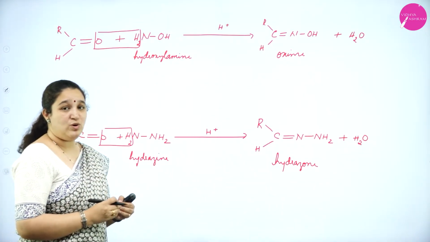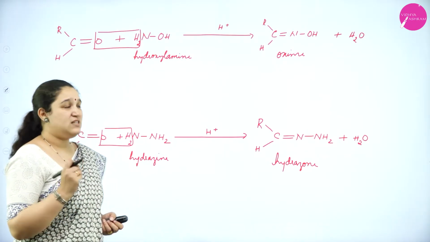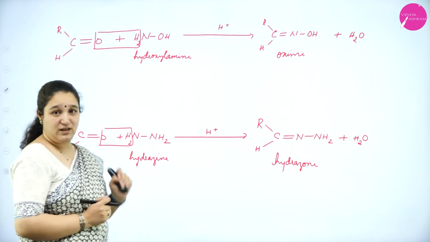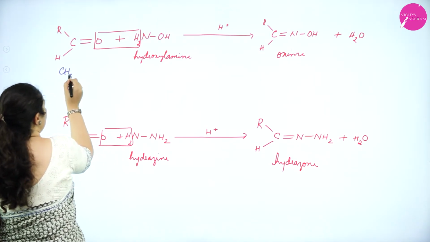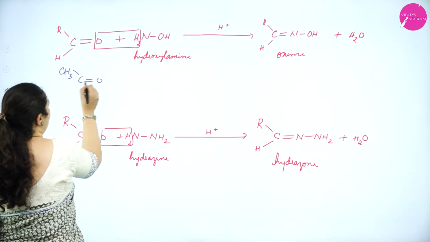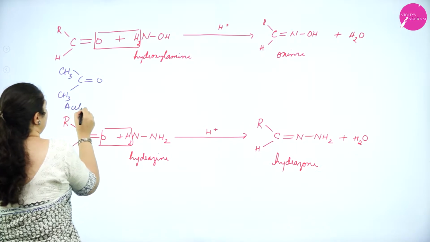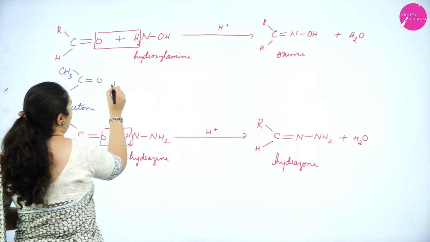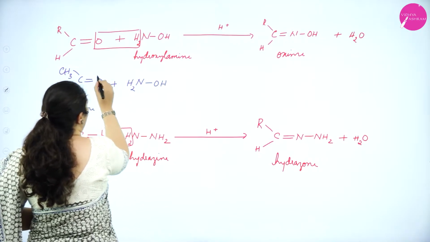Now if they ask you to write the example, how will you write? For examples, I'll just take acetone reacting with hydroxylamine, okay? So acetone is what? R is CH3 group, carbon double bond O, and this also is CH3 group, that is acetone, correct? Acetone plus hydroxylamine, what will happen?